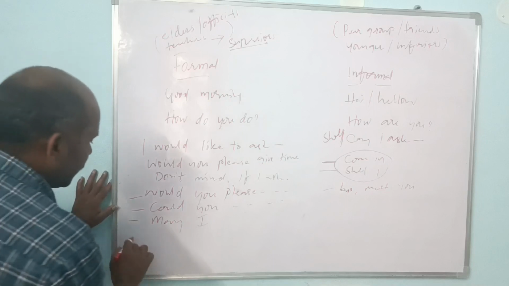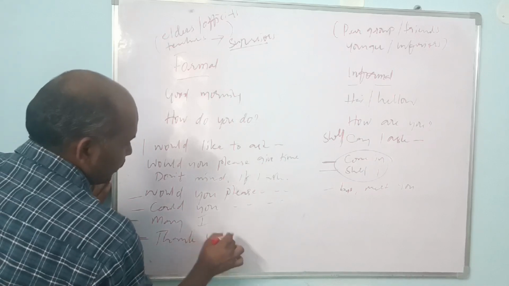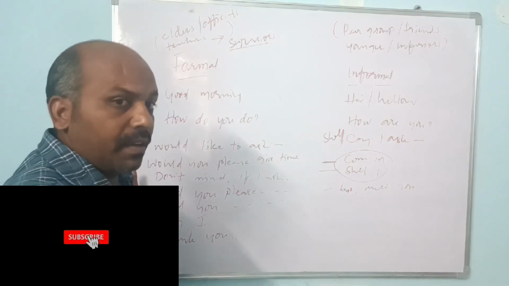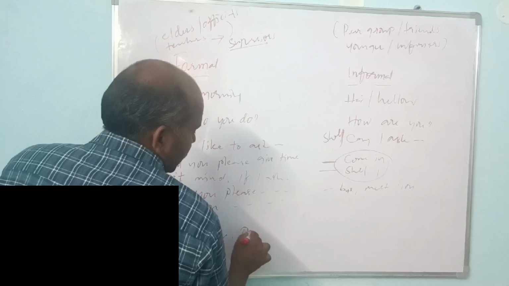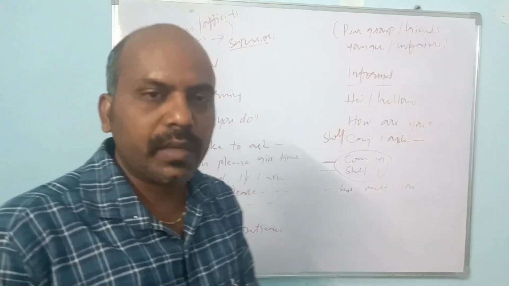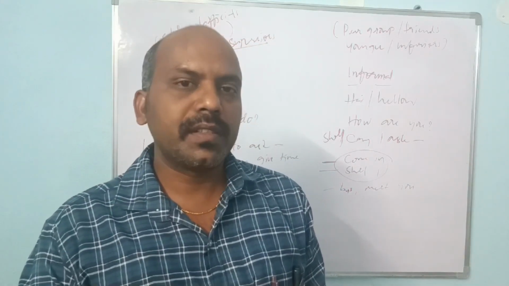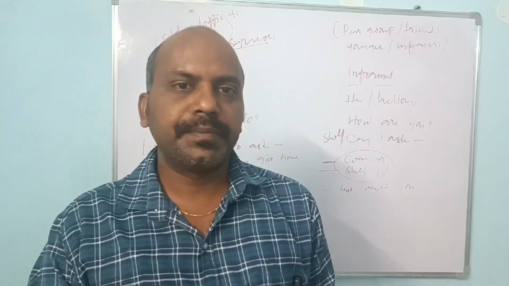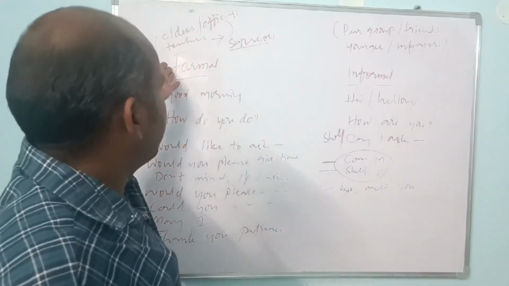But here we don't use that. We say thank you. And if you are being very polite, thank you for your patience, thank you for your valuable time that you have allotted for me. Expressions like that we have to use with them. So these are very formal.